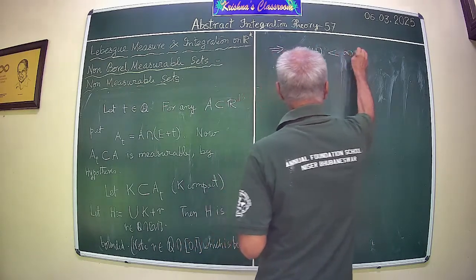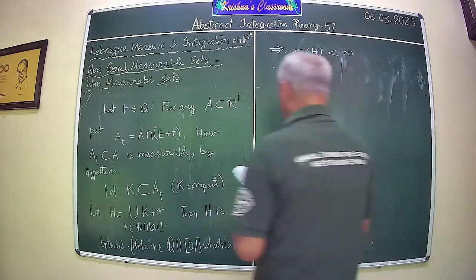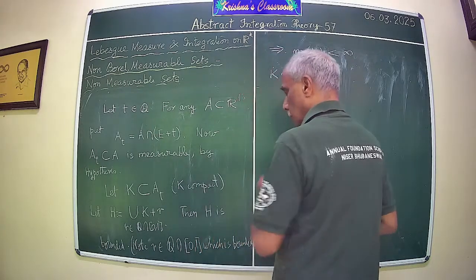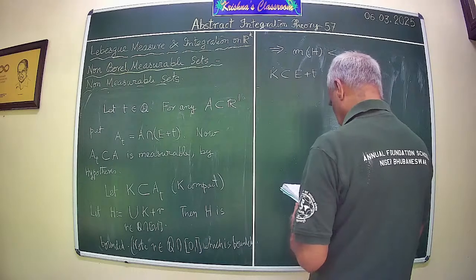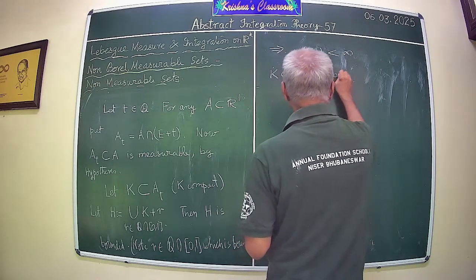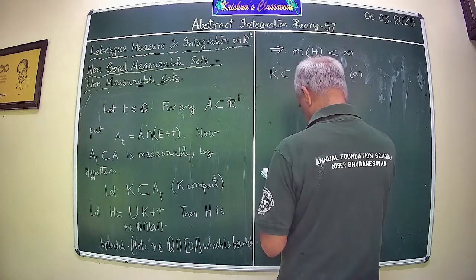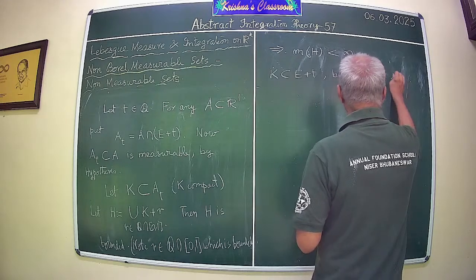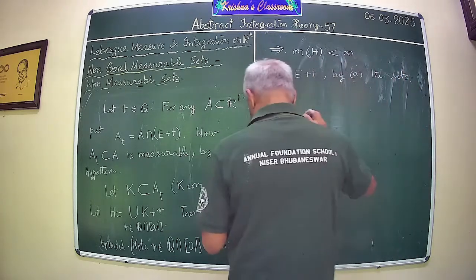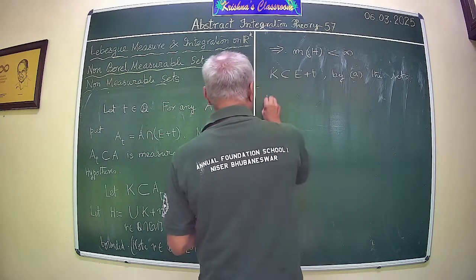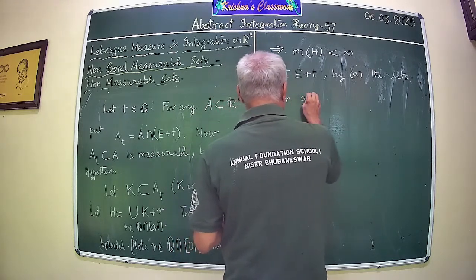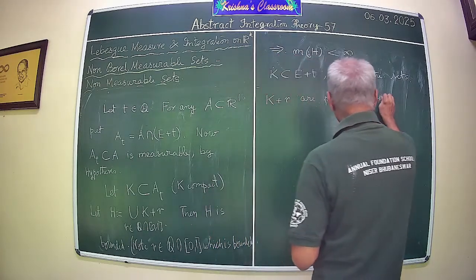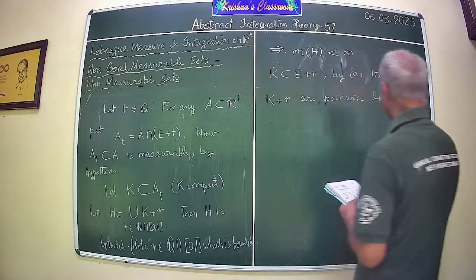So K is contained in E, and the sets K plus r are disjoint. So what does this mean?